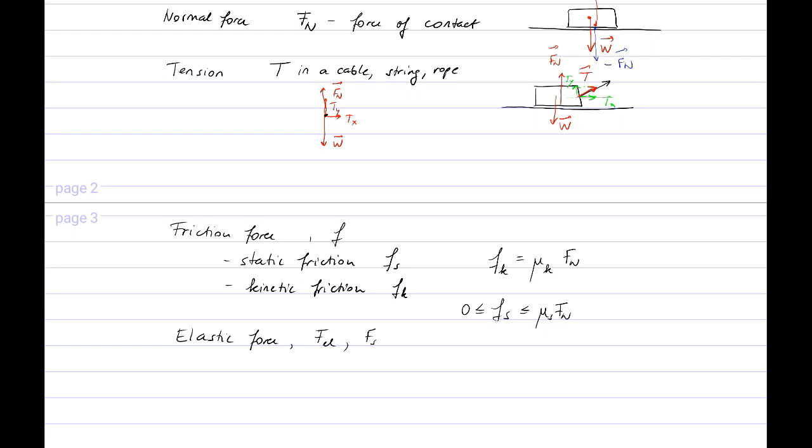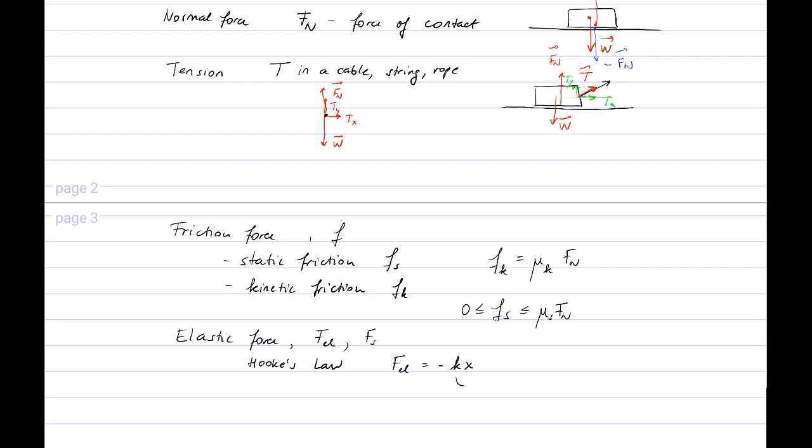There is no unique notation for it. I would probably write it as F elastic. And the equation for the elastic force is actually given by something called Hooke's law. So the elastic force is negative kx.